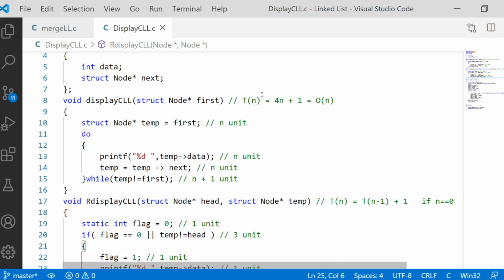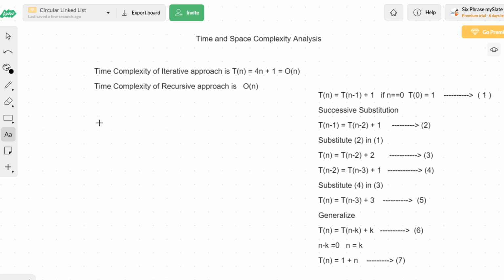If the n value is 1000, 10,000, 1 lakh or 10 crore, whatever it is, we will be taking only two pointer variables called first and temp as extra space. So it is a kind of constant space. So the space complexity of the iterative approach is constant, order of 1.